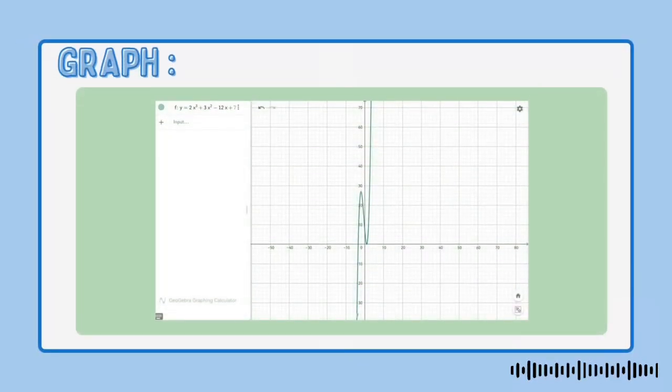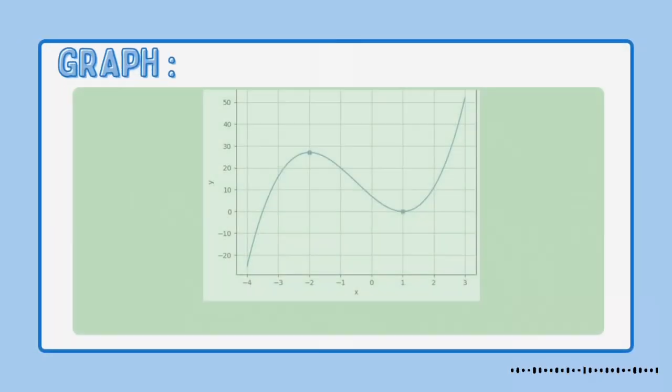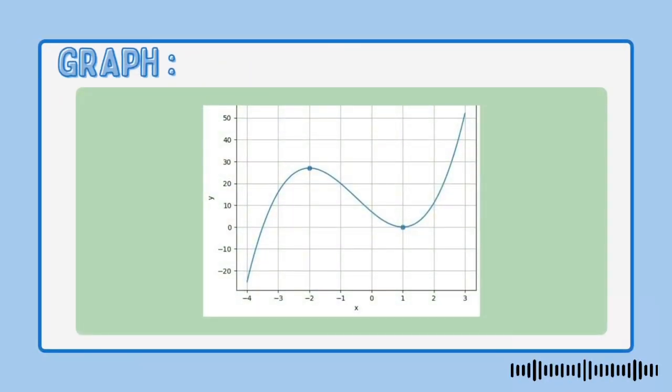For the cubic graph, we simply plot the points from the earlier solution. First, we take the point (-2, 27) as our highest peak on the left side. Second, we take the point (1, 0) as our lowest value that touches the x-axis.